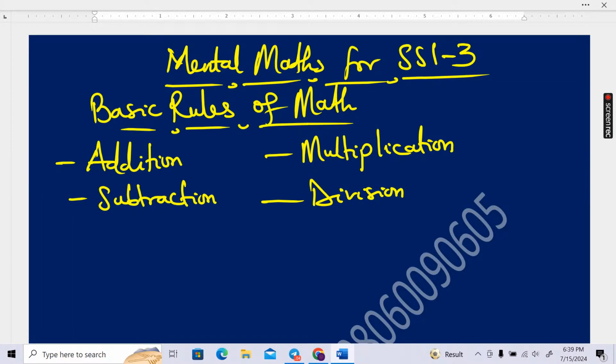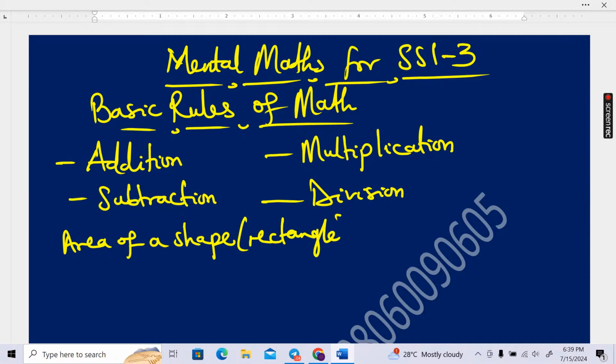So let's take, for instance, you want to find the area of a shape. When you want to find the area of a shape like a rectangle, and you know that the area of a rectangle is length times breadth, that's the formula.